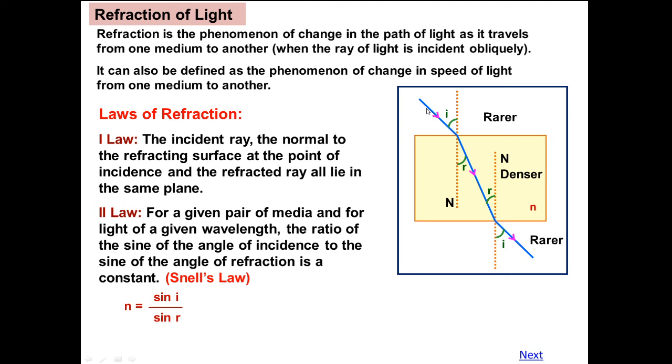Here we have taken the rarer medium as air, whose refractive index is 1, and the denser medium whose refractive index is n. So n equals, actually it is n2, means refractive index of the refracting medium, by n1, means refractive index of the incident medium, that is constant, and it is sin i by sin r.